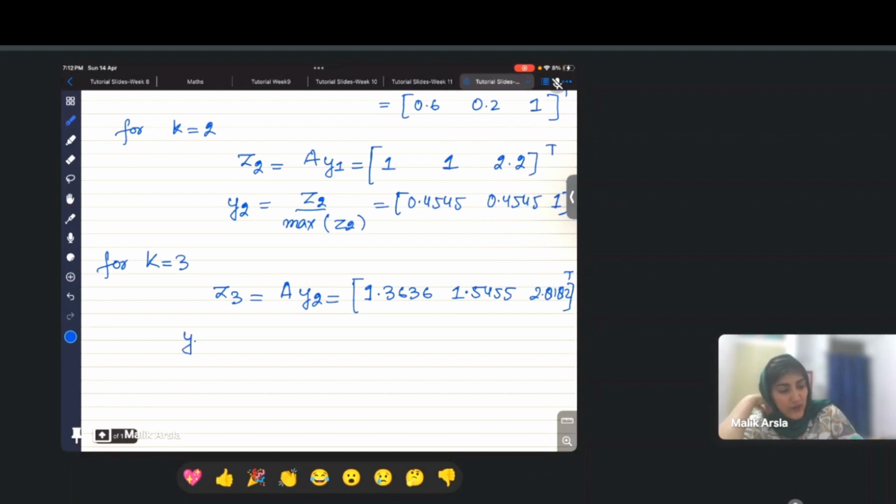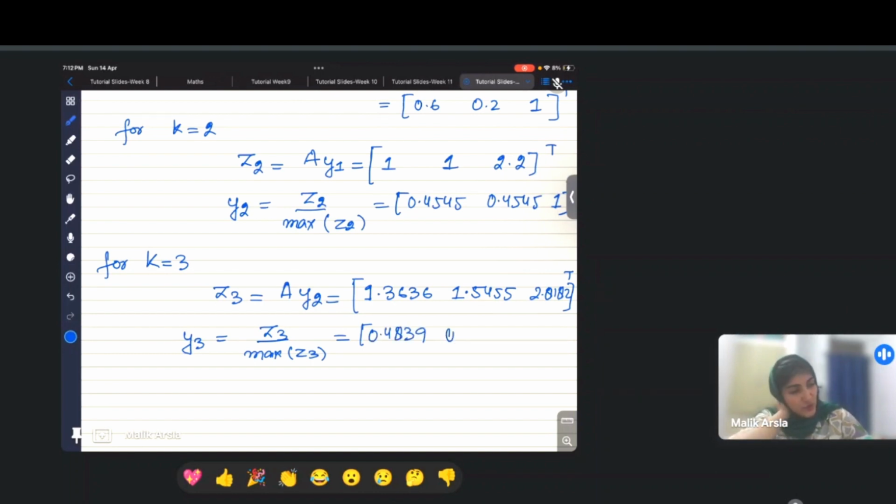Now in this case, Y3 is equal to Z3 upon the maximum absolute value of Z3, right? So you have to divide by 2.8182. When you divide it, it comes out to be 0.4839, 0.5484 and 1. Okay.